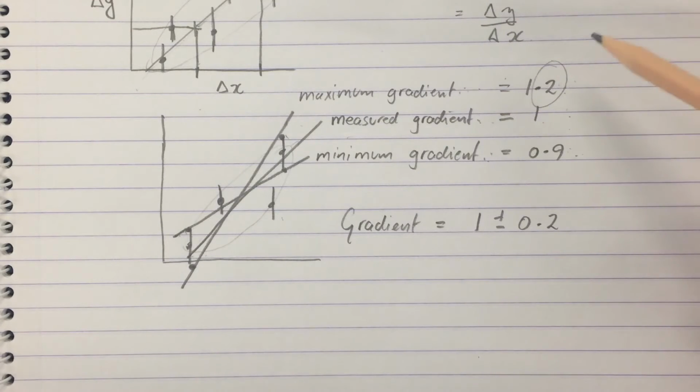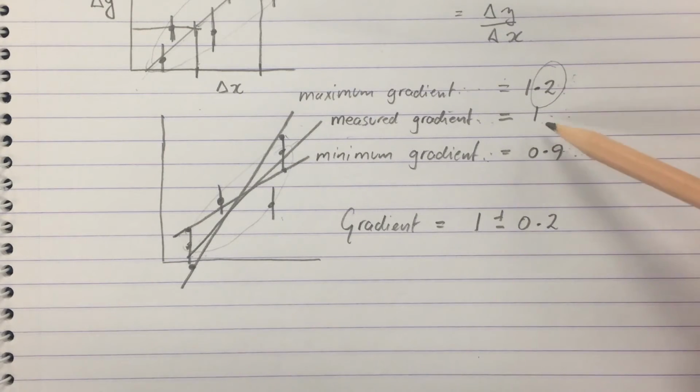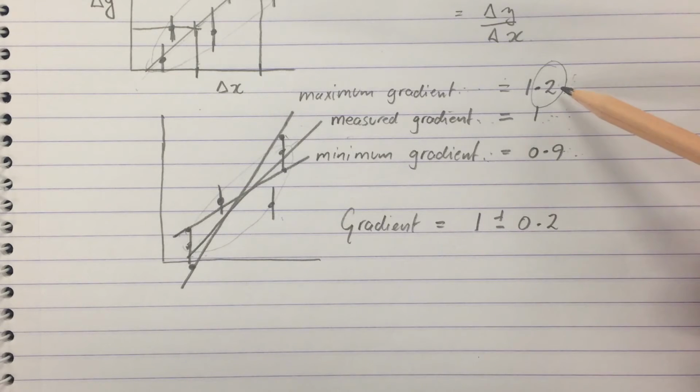We'll then identify out of the maximum and the minimum the gradient that is furthest away from the measured gradient, the gradient of our line of best fit, and that furthest away gradient will represent the uncertainty in our result.